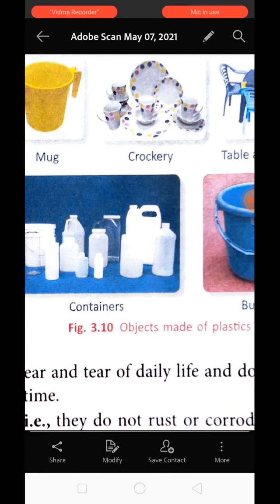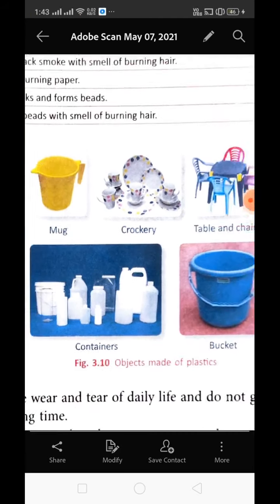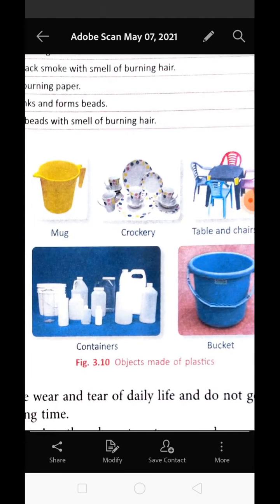Understood? The use of plastic has become popular because they are flexible materials suitable for us. They are lightweight. They are also non-biodegradable. They have a long life. That is why they are more useful for us.